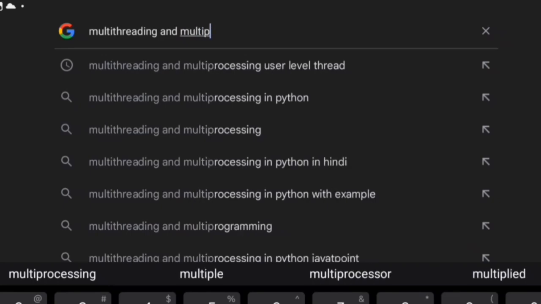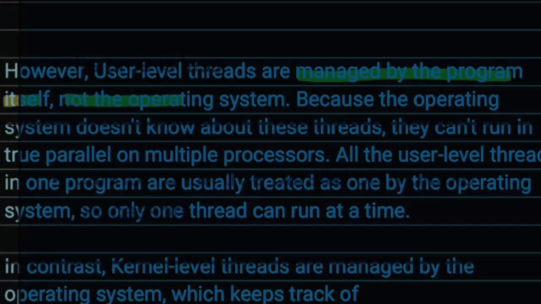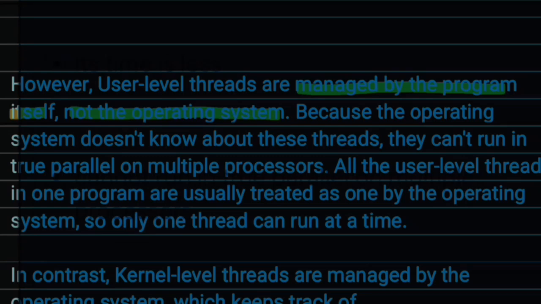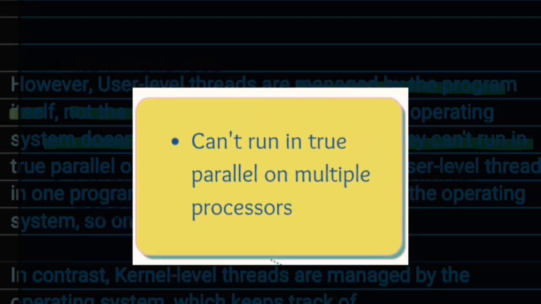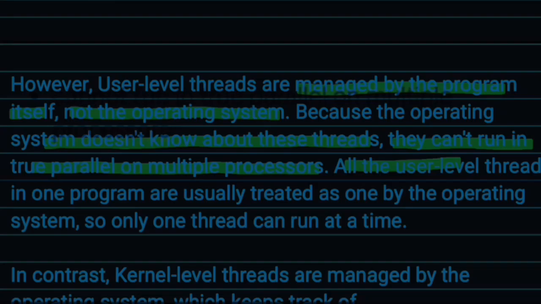However, user-level threads are managed by the program itself, not the operating system, because the operating system does not know about these threads. They cannot run in true parallel on multiple processors. All the user-level threads in one program are usually treated as one by the operating system.